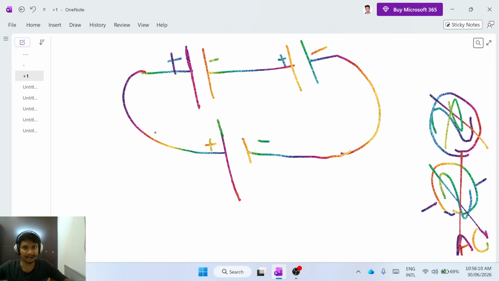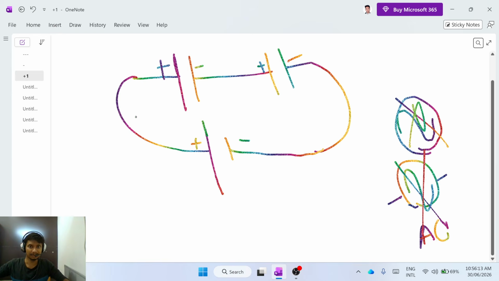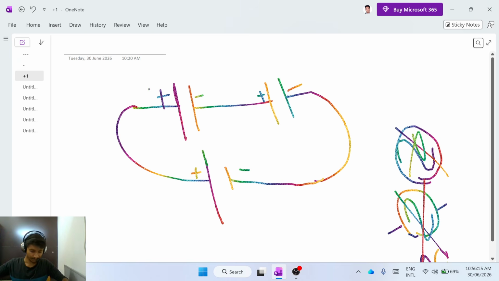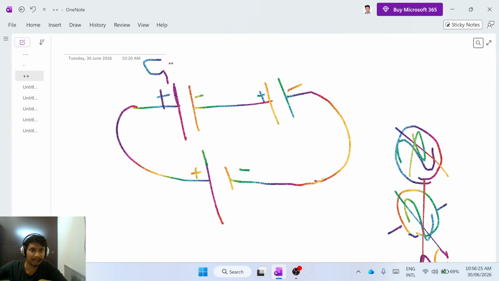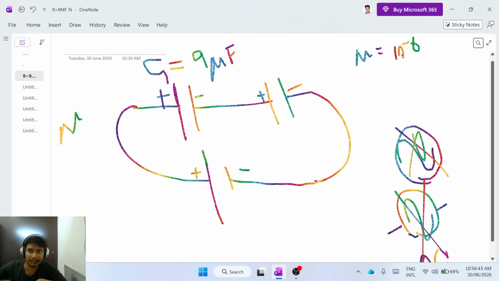We have already studied this in advanced level physics, so we don't need to go into it now. What are the capacitances of the capacitors? Let's say capacitor 1, C1, is equal to 9 microfarad. Micro, we already know, is equal to 10 to the power minus 6.